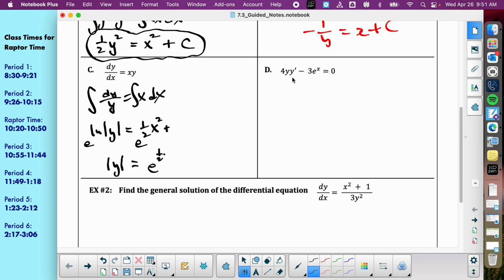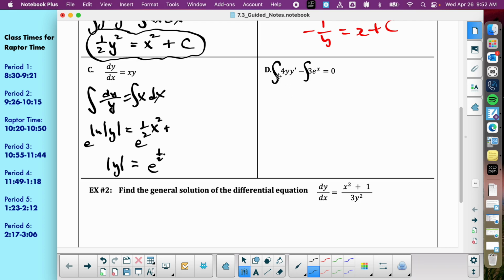So here's the issue I have with D. The notation, the way it's written, you're allowed to just do that. Because y prime is the same thing as dy. And so officially, we don't have to do anything with this problem. I do know that this problem is in here for one specific reason, and that's to show you that notations are different.